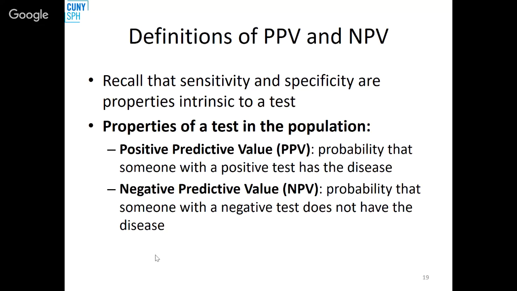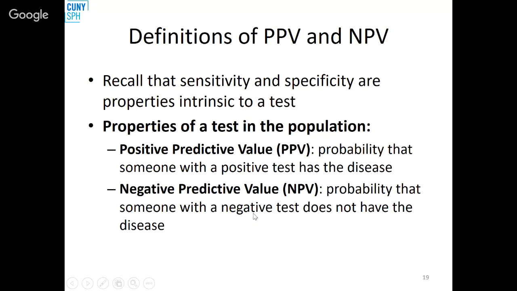So positive predictive value is, when you receive a positive test, the probability that you have the disease. That is the thing that can really inform you about how worried you should be when you have a positive test. This is what you as a patient really care about. And you also should care about the negative predictive value, the probability that if you receive a negative test, you do not have the disease.